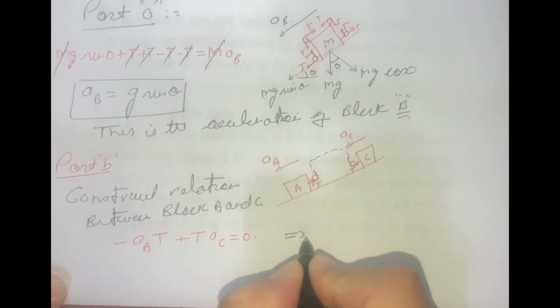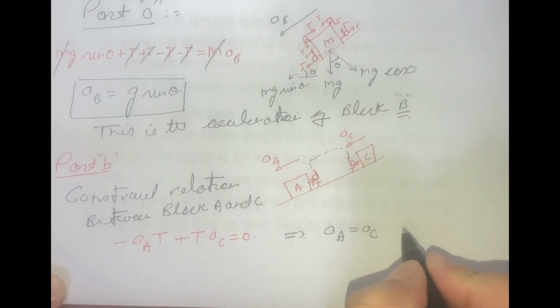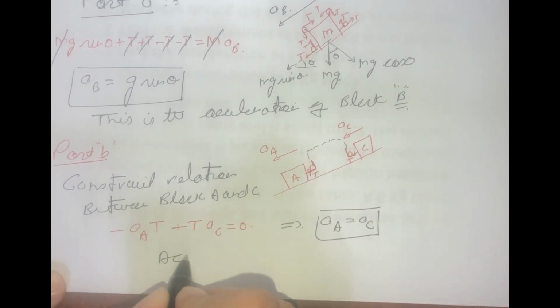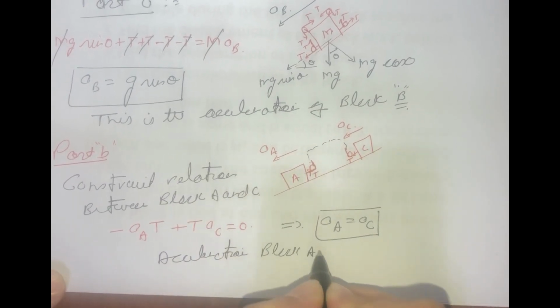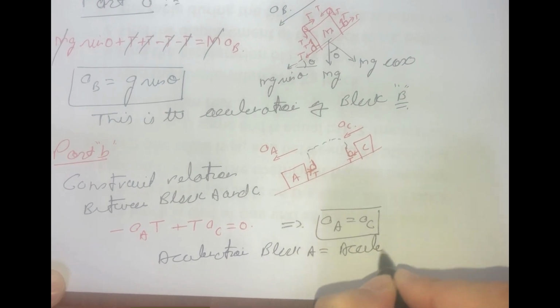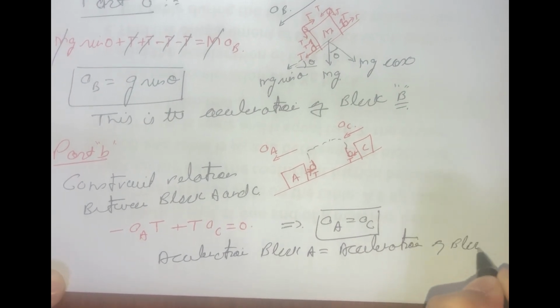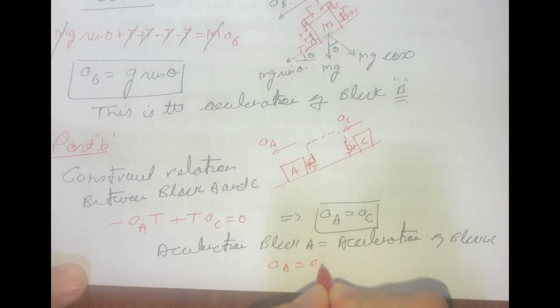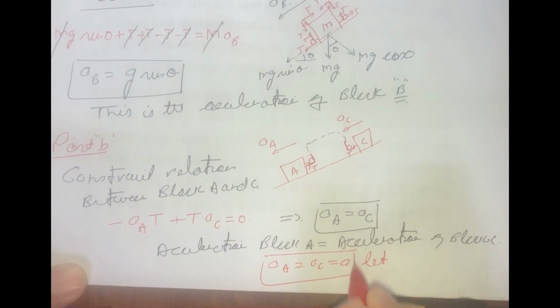From here we can say that the acceleration of A is equal to the acceleration of C, and we assume it to be a. You can say the accelerations of A and C are equal to a. It will be easier to calculate then.